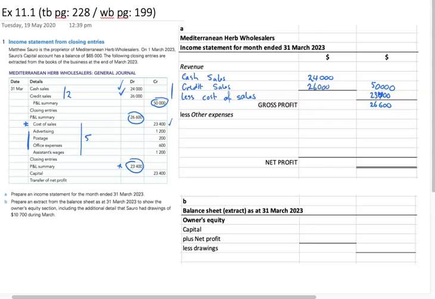So all we're going to do to finish this off is add the 4 other expenses. These being advertising, postage, office expenses, and our assistant wages.